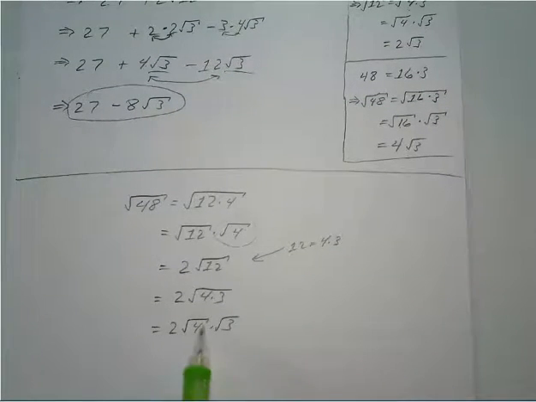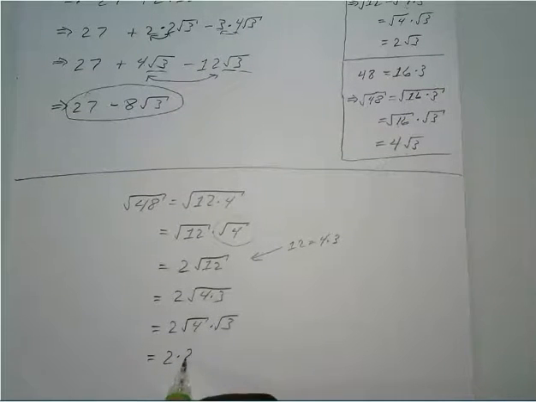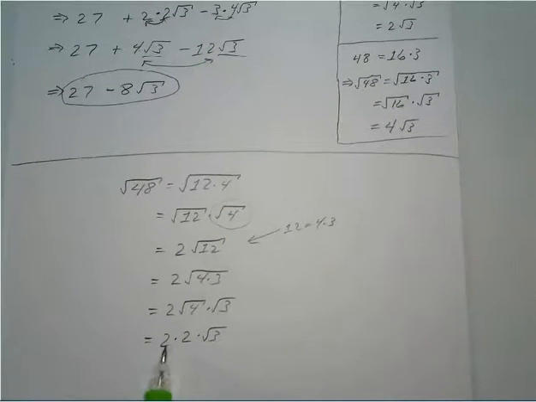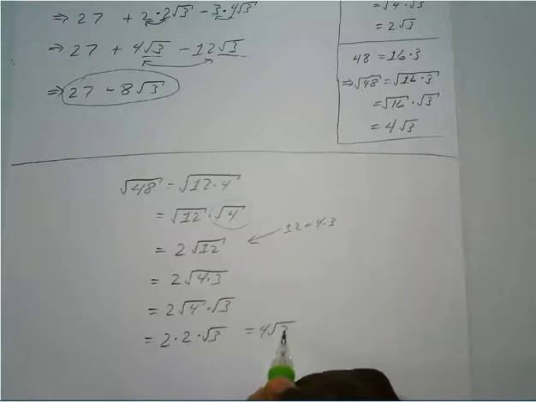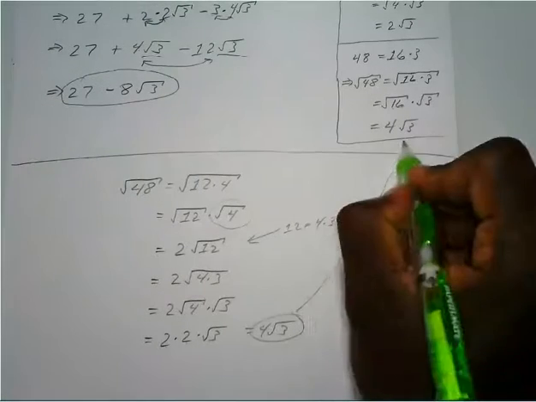Here, the square root of 4 is equal to 2. So you have 2 times 2 times the square root of 3. If we combine these two, you have 4 square root of 3, which is the same answer you have up here.